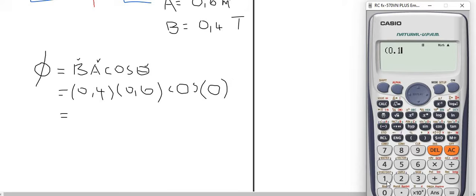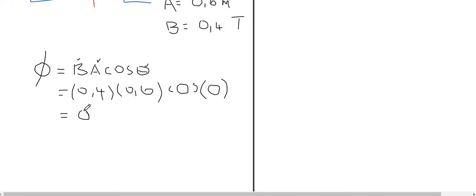Okay, I have 0.4, multiplied by 0.6, multiplied by the cos of the angle 0. And you actually get a value. The value that I get is 0.24. But remember, the magnetic flux linkage, you must report it in Webers.